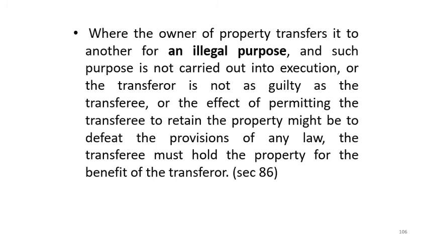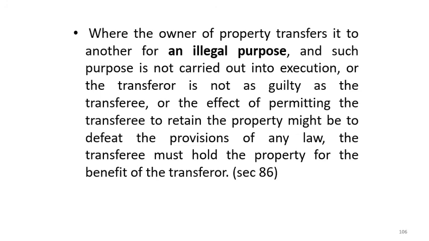The owner of the property transfers it to another for an illegal purpose, and such purpose is not carried into execution, or the transferor is not as guilty as the transferee, or the effect of permitting the transferee to retain the property might be to defeat the provisions of any law, then the transferee must hold the property for the benefit of the transferor.